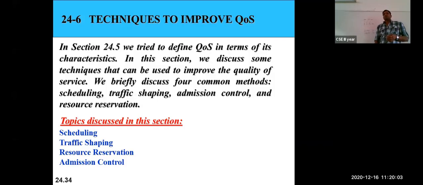Those characteristics define it, but we now want to show some techniques to improve this quality of service. There are 4 types. The techniques we are going to discuss fall into 4 categories: scheduling, traffic shaping, resource reservation, and admission control. These are the 4 strategies that we are going to discuss from now.